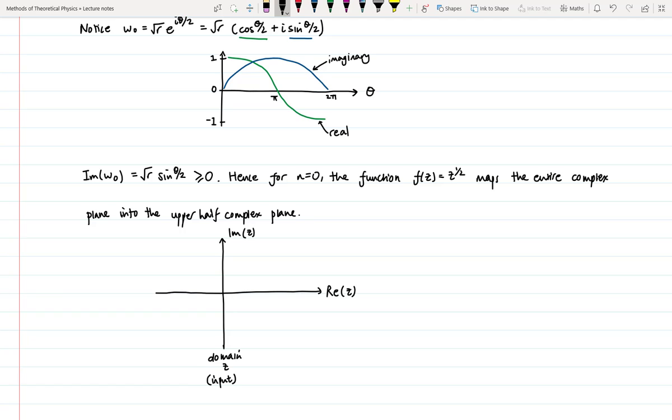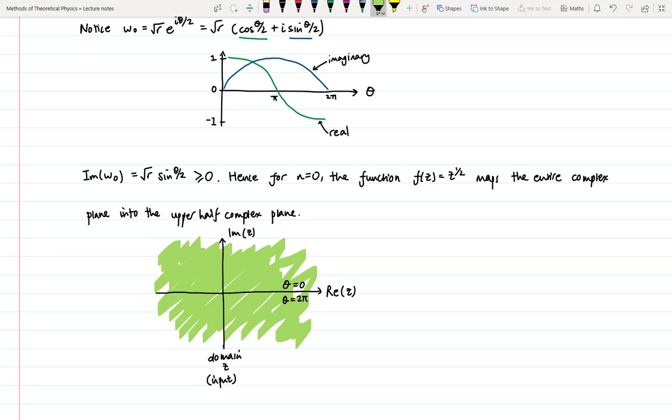And we can consider that theta equals 0 corresponds to just above the positive real axis, and theta equals 2 pi corresponds to coming from below on the positive real axis. The domain of our function is the entire complex plane. So I'm just shading to show that the whole complex plane is the input to our function.